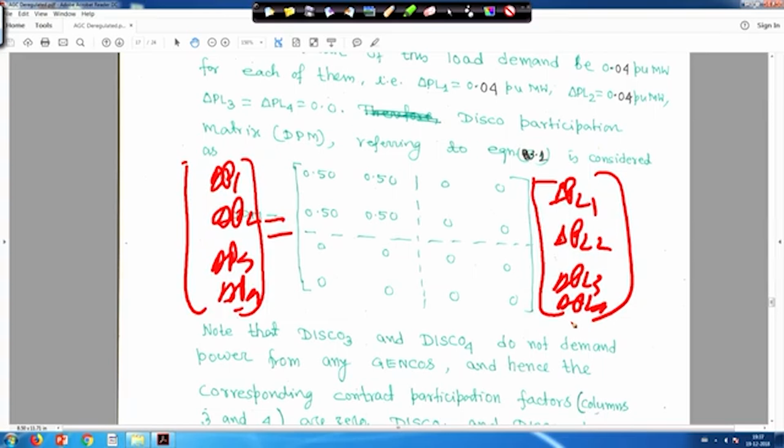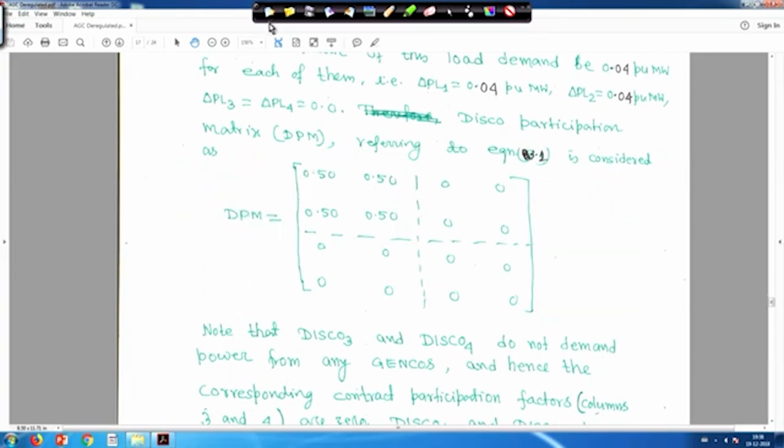So, this is given. That means delta P1 will be 0.5 into delta PL1 plus 0.5 into delta PL2, that is these two terms. Similarly, delta P2 will be 0.5 delta PL1 plus 0.5 delta PL2, and delta P3 and delta P4 will be 0, because load changes only in distribution companies 1 and 2 in area 1, and the contract participation factor is given, and delta PL1 and delta PL2 are 0.04.